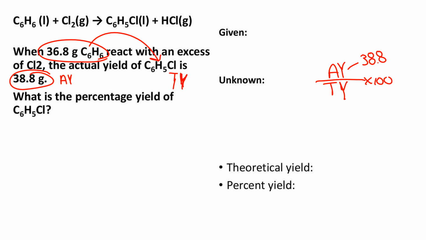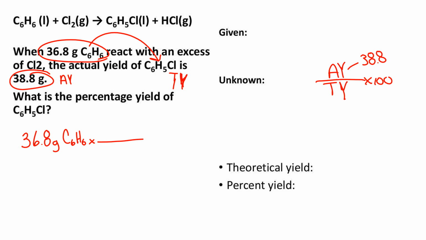When we look at this problem, you need to understand that even though it's asking for percent yield, we have to solve for the theoretical first. I'm starting off with 36.8 grams of C6H6. What's my first step? If I'm trying to get to C6H5Cl, what's the first step that I have to do here?